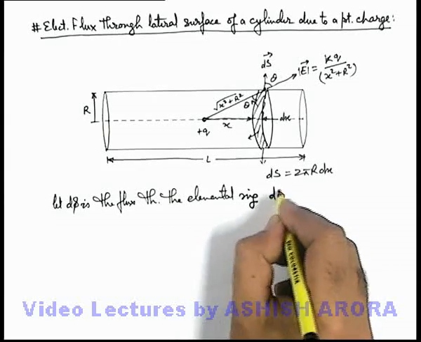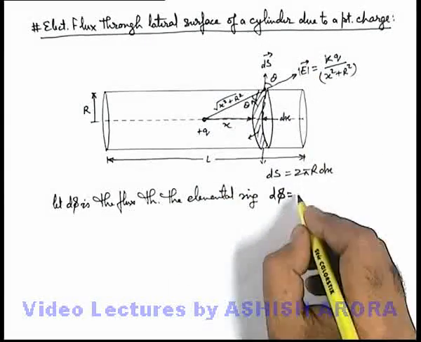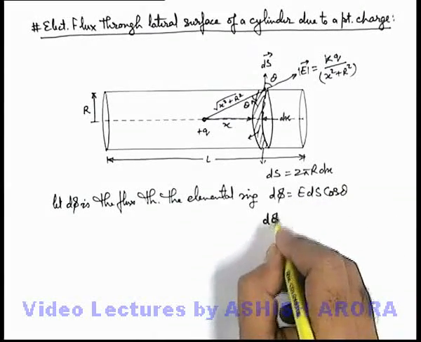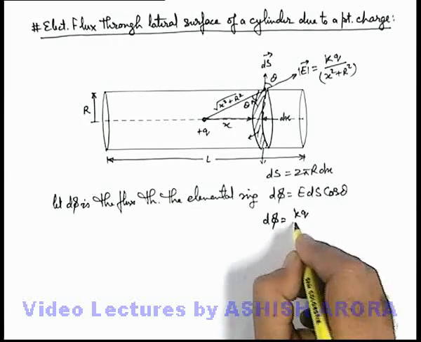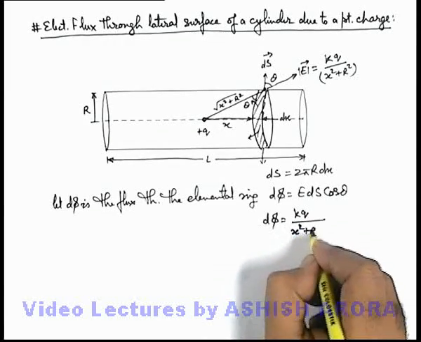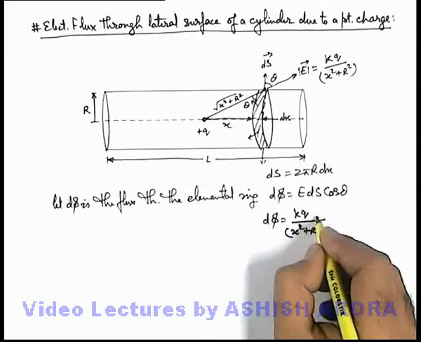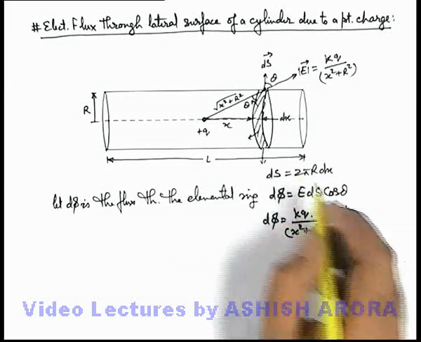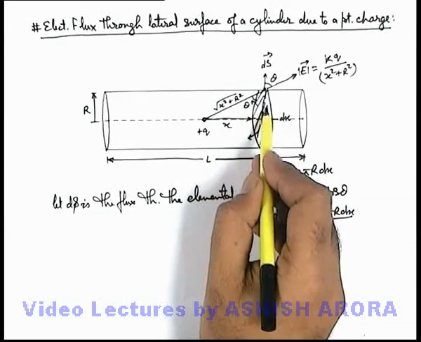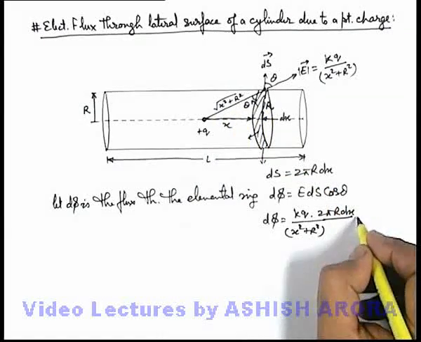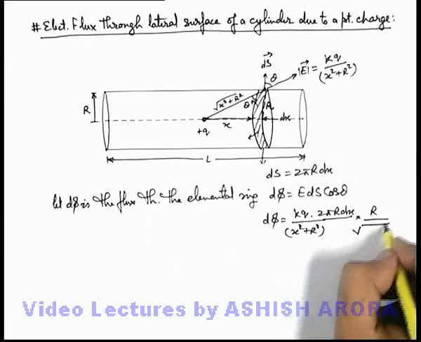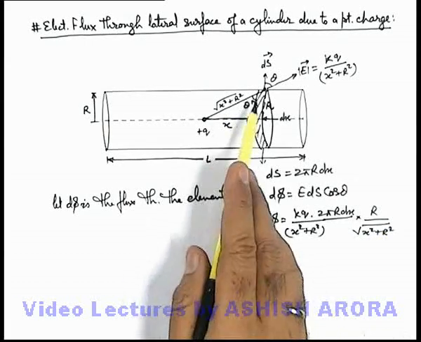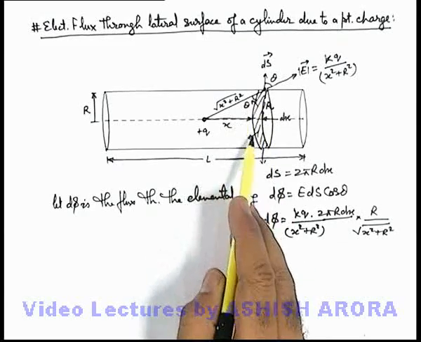Then this d phi can be written as E ds cos theta, and if we substitute the values, this d phi will be kq by x square plus r square, the elemental area we can write as 2 pi r dx, and this cos theta can be written as r by root of x square plus r square. So this is the flux passing through the elemental ring.